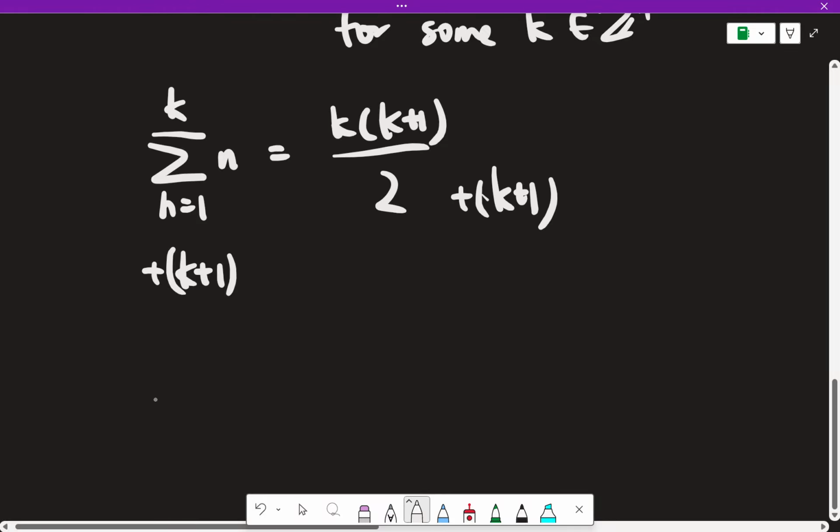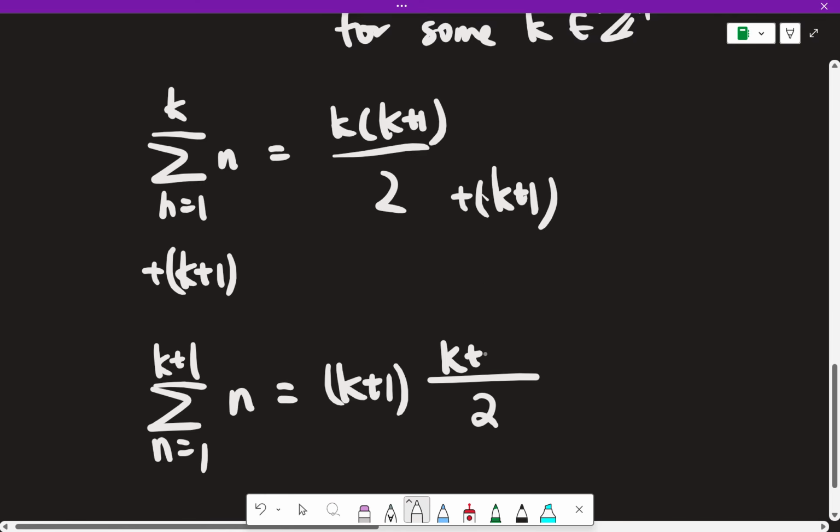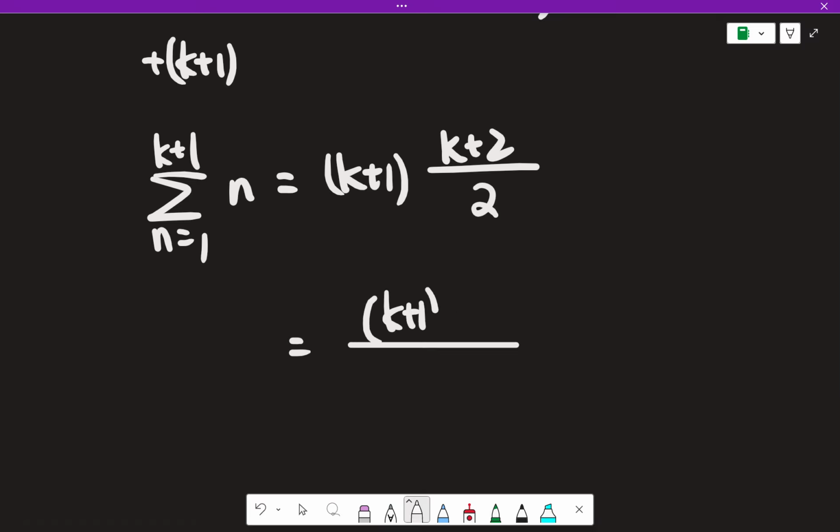On the left-hand side, we will have the sum of n from 1 to k plus 1, which is equal to k times k plus 1 over 2, plus k plus 1. If we multiply that k plus 1 onto the numerator as well, we will have something like this.